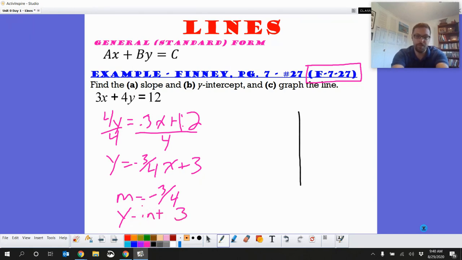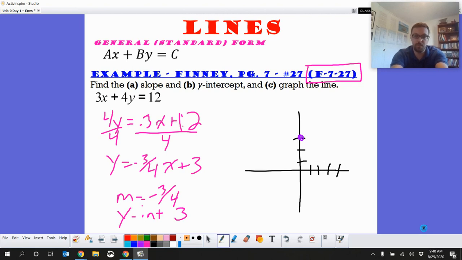So if we wanted to graph this, it's super easy, barely an inconvenience. We want to graph our y-intercept at 3, boop, and then we want to do our slope of down 3 over 4. So 1, 2, 3, 4.